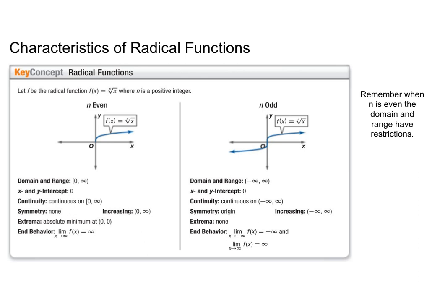In previous lessons, we have talked about the characteristics of functions such as the radical functions. We are able to find the domain and range, x and y intercepts. Remember, continuity is basically, are there any holes in the graph? And then we can discuss the end behavior, because we should be familiar with our parent functions.